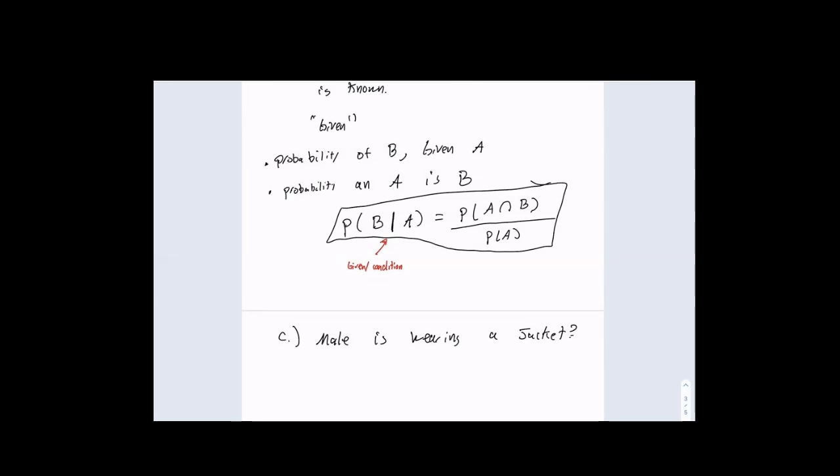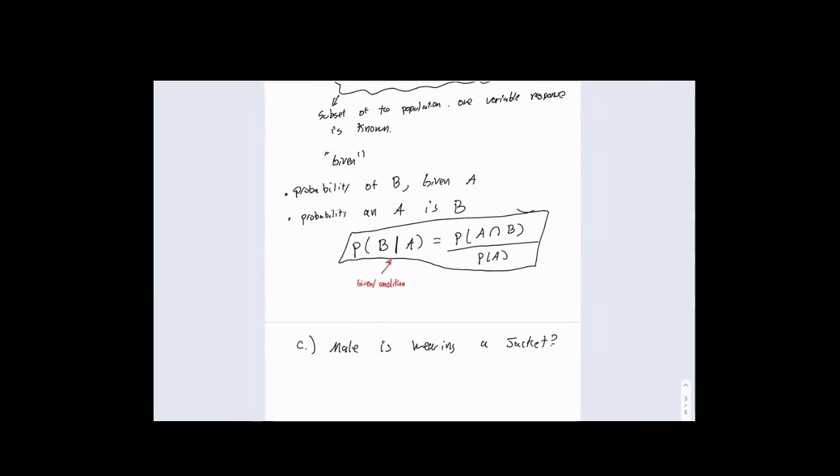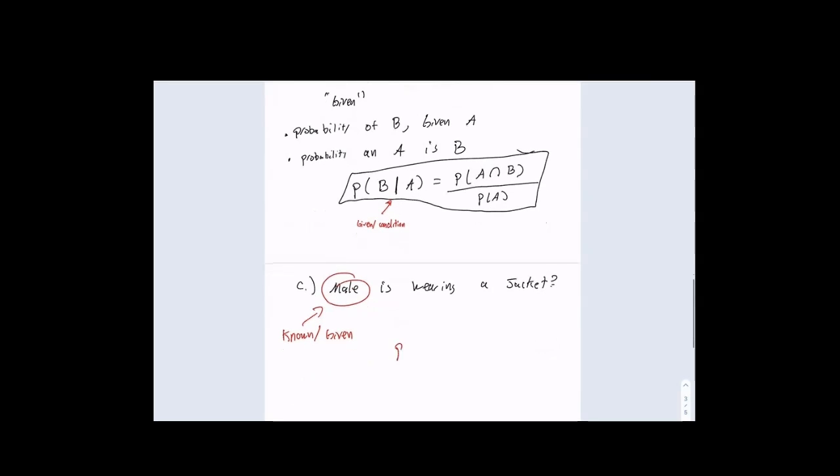Before we do that, I want to say that now I know, and the key thing here is that this is a known. This is a given. We know they're males. All right, so this is asking me the probability that they're a jacket wearer given they are male.